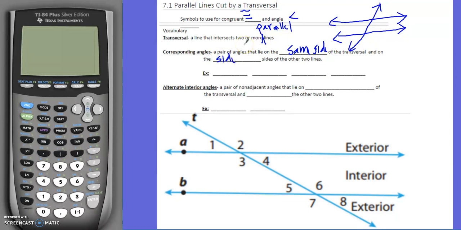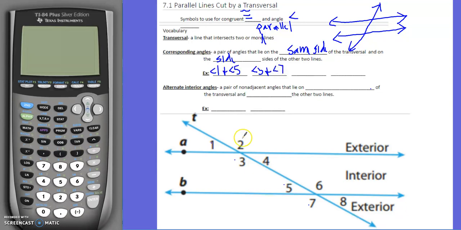So if we're talking about corresponding, 1 corresponds with 5. So angle 1 and angle 5. They are corresponding. We could also have angle 3 and angle 7.